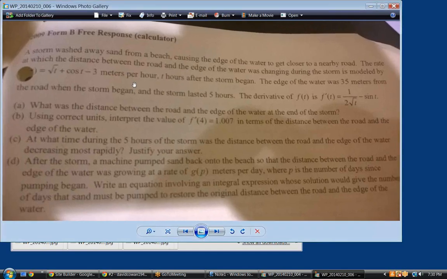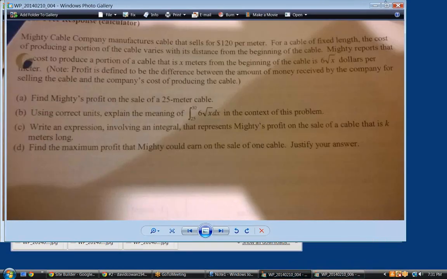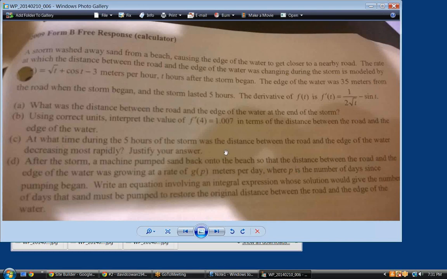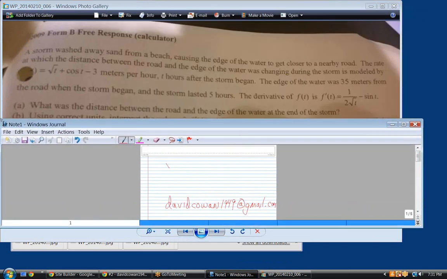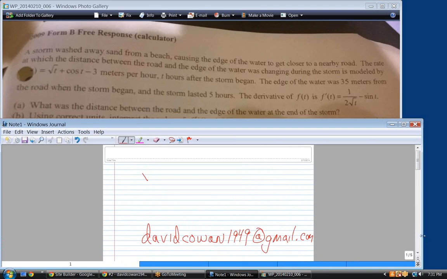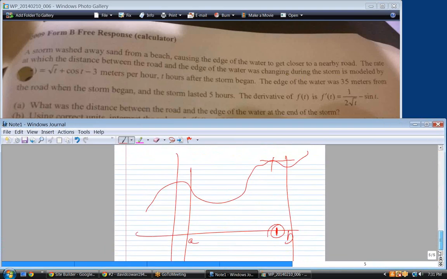All right. You gotta love these kind of problems. Yeah. I'm being a little facetious, but actually they're not that bad. Once you get the hang of doing them, they're not that bad at all. Make some room.